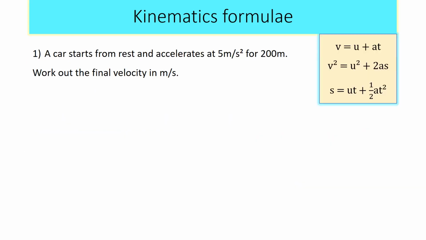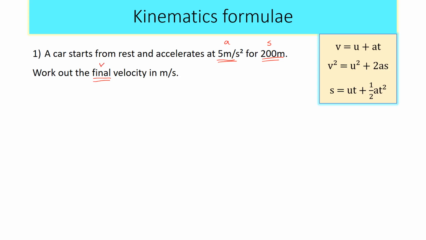So now let's have a look at a worded problem. A car starts from rest and accelerates at 5 meters per second squared for 200 meters. Work out the final velocity in meters per second. So let's have a look at the information that we have in our question. 5 meters per second squared, that's the acceleration. 200 meters, that is the displacement, and we want to work out the final velocity, which is v.